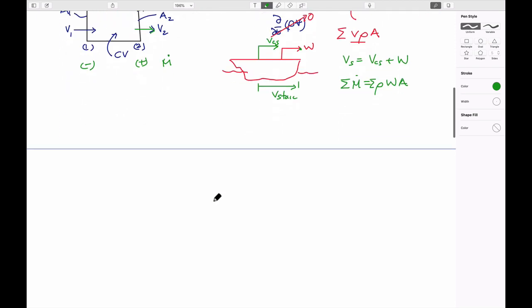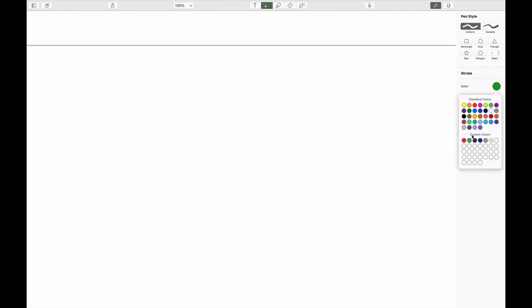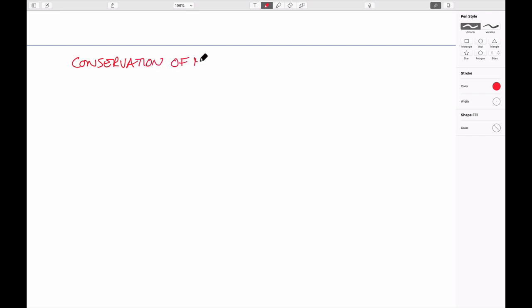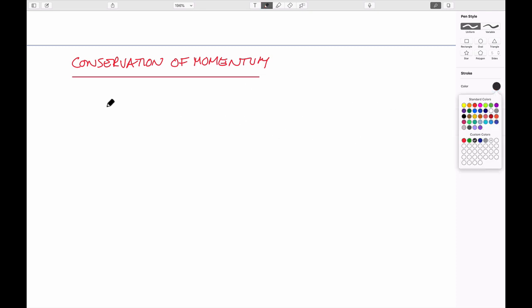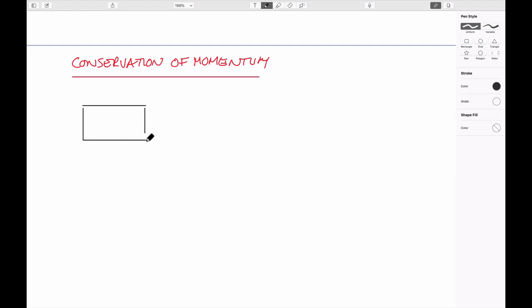So the same concepts, they come from Reynolds transport theorem, can be used for conservation of momentum. And for these, again, we have a similar idea that we have a control volume that fluid is going into and across a surface in a downstream location and an upstream location.